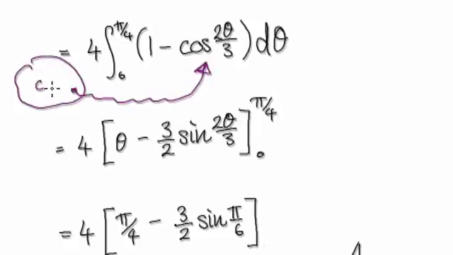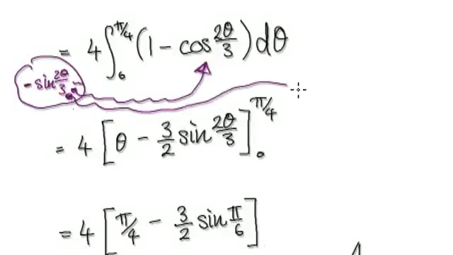Make this your initial guess: sine 2 theta over 3, and then stick a minus in there because you've got this minus here. When you differentiate this, it will give you minus 2 over 3 cos 2 theta.